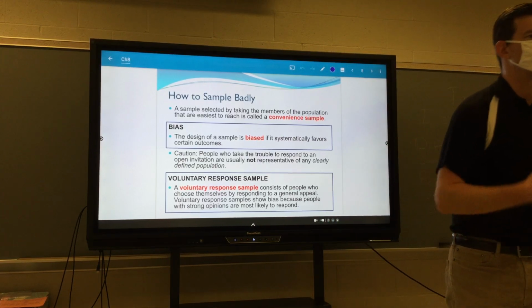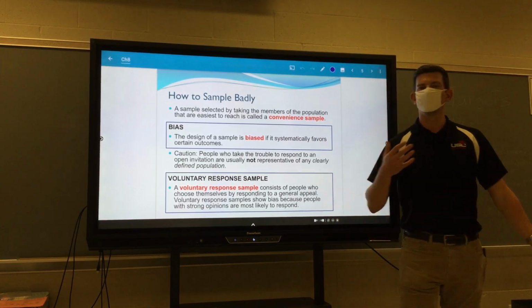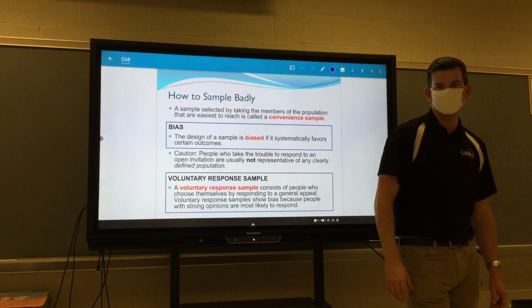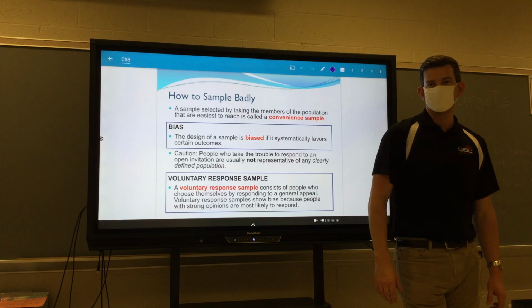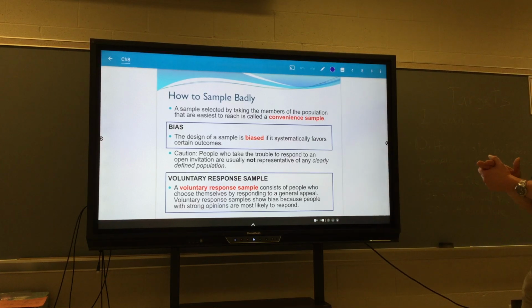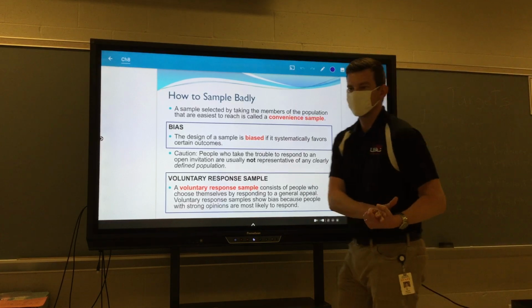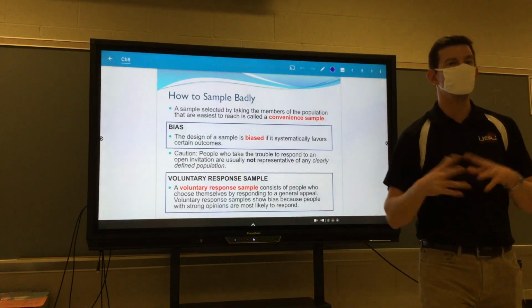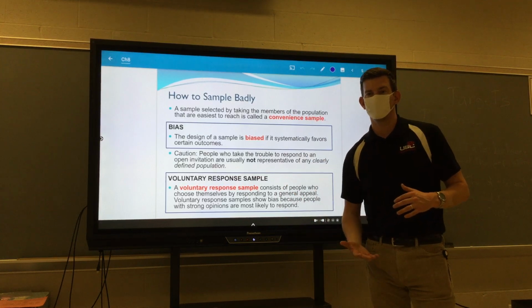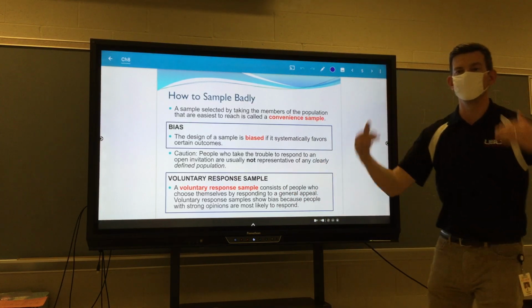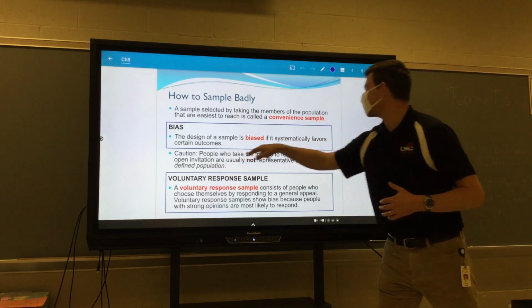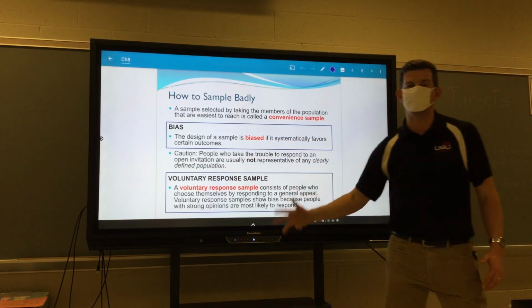So if my data is based off of surveying mods 5-6 down in these common spaces, you're biased against underclassmen, okay? Because they're less likely to be present in those spaces at that time. And it's not something that you're deliberately or intentionally doing, but a bias systematically favors certain outcomes.